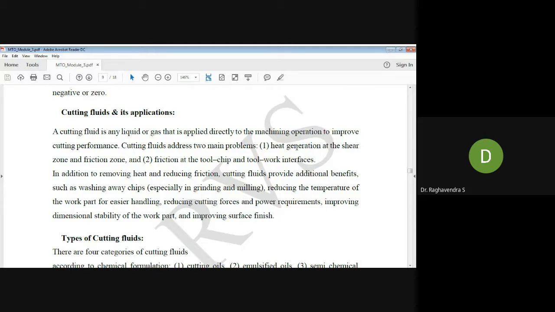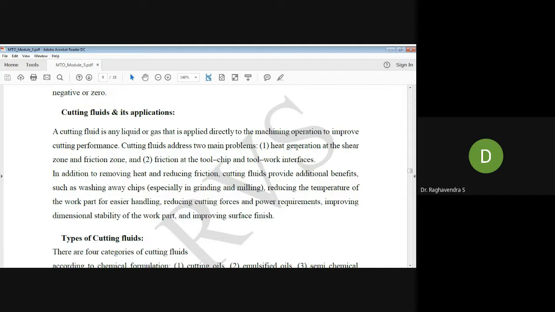Sir, how will the cutting fluid improve the performance? It is just a liquid, something external. We are just putting something like water over the material. How does it improve? You may ask this question.